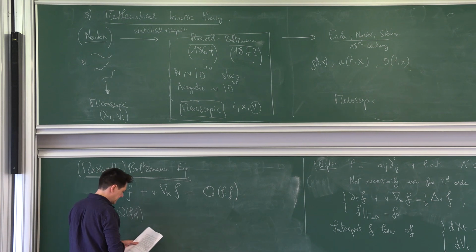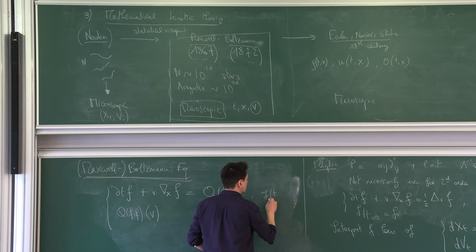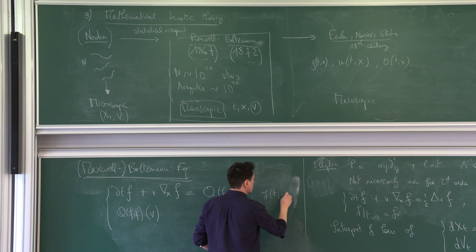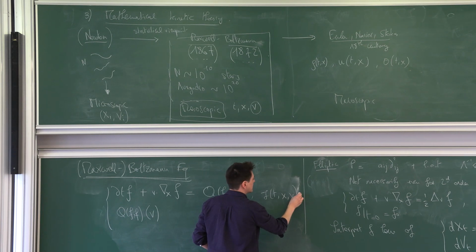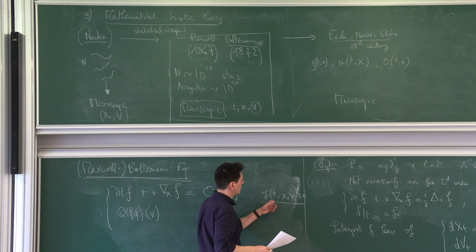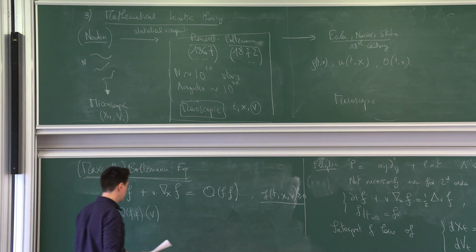So Q of ff is a nasty beast. So f is a function of time, position, and velocity, the kinetic variable. That is meant to be non-negative because it's meant to be a time-dependent probability density in position and velocity.